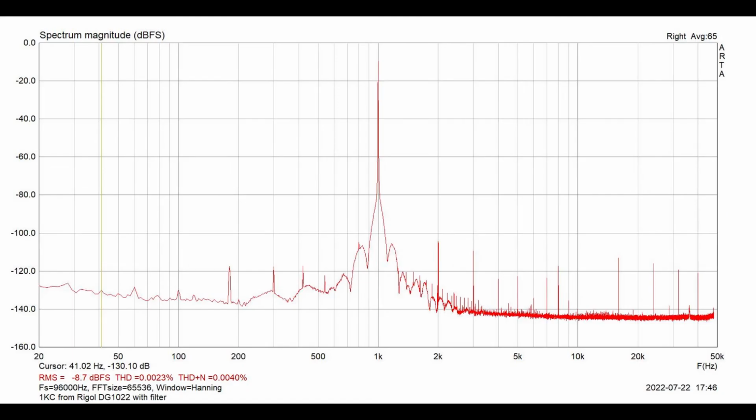The second screenshot shows what happens after we put the filter in the circuit. Again, the frequency is at 1 kilocycle. The software is set up with the same parameters, and we see that we've reduced the total harmonic distortion from 0.028% down to 0.0023%.